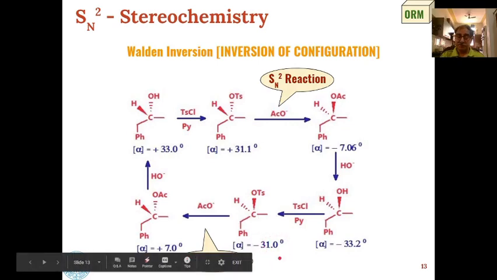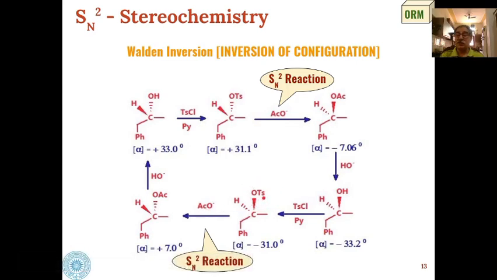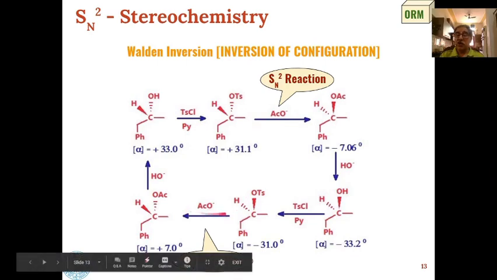And now if we do another SN2 type of reaction in presence of acetate ion, what will happen? This tosylate will be substituted by acetate, and because now SN2 reaction is taking place, the nucleophile will attack from the back side of the carbon to which the leaving group is attached.